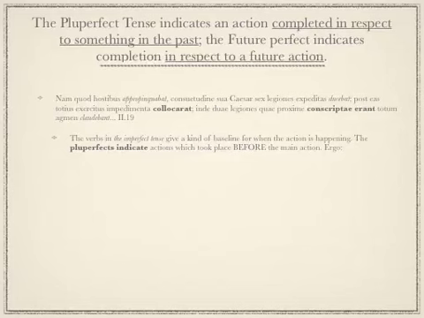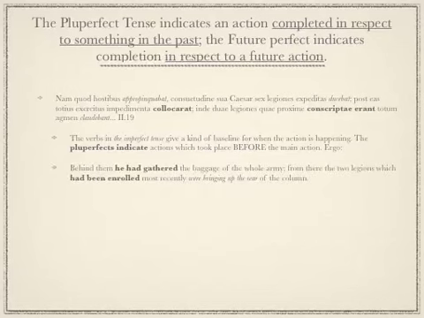Those pluperfects, collocarat, happen before those imperfects. So he was leading the light-armed legions. Behind them he had already beforehand gathered the baggage of the whole army. And the legions which had been enrolled most recently, that was even before the gathering, I'm sure, were bringing up the rear.